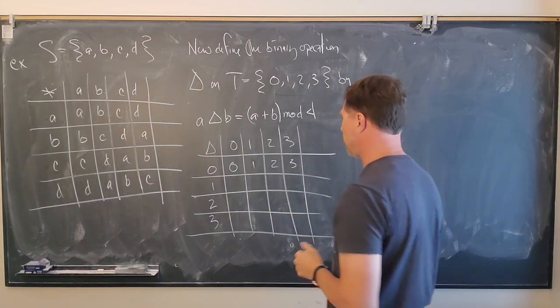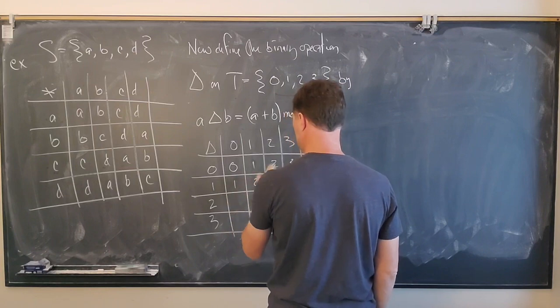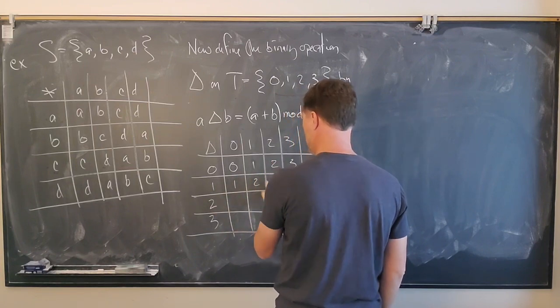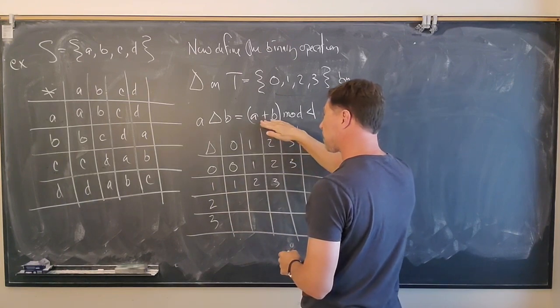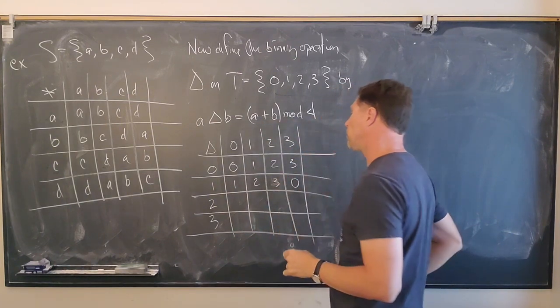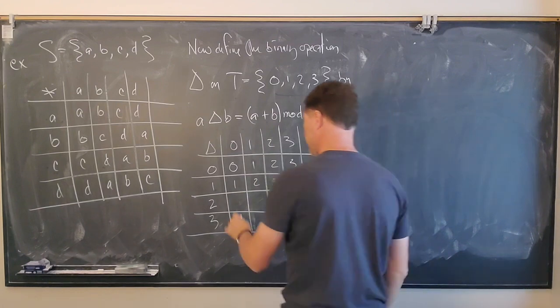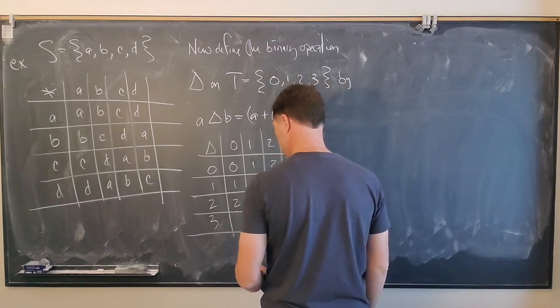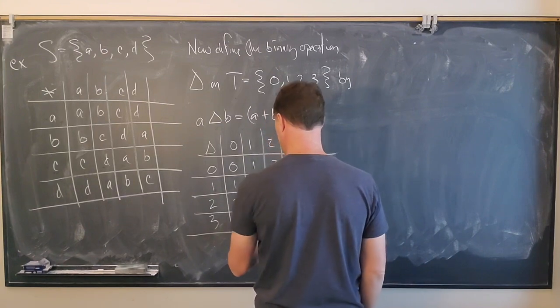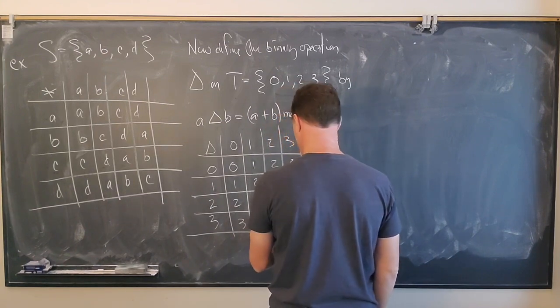The next one will go like this, 1, 2, 3, and then 1 triangle 3, that's going to give us 4 mod 4, which is 0. Then we'll get a 2, 3, 0, and 1, and then we'll get a 3, 0, 1, and 2.